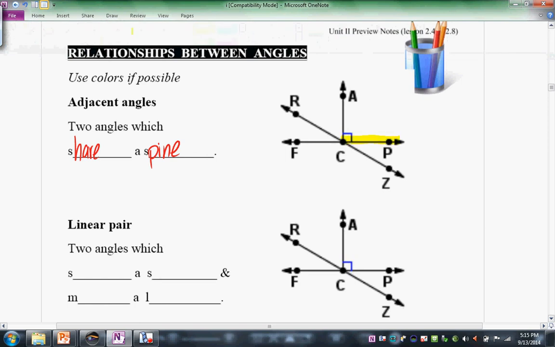So if I have this ray right here, angle ACP and angle PCZ, we would call these adjacent because they share a common ray. They share a spine. They're back to back. They're touching. That's adjacent.